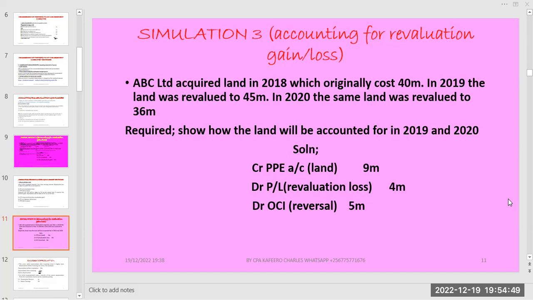But in this circumstance, we are going to look at a scenario whereby we have begun with a gain, and in the next year we've got a loss.